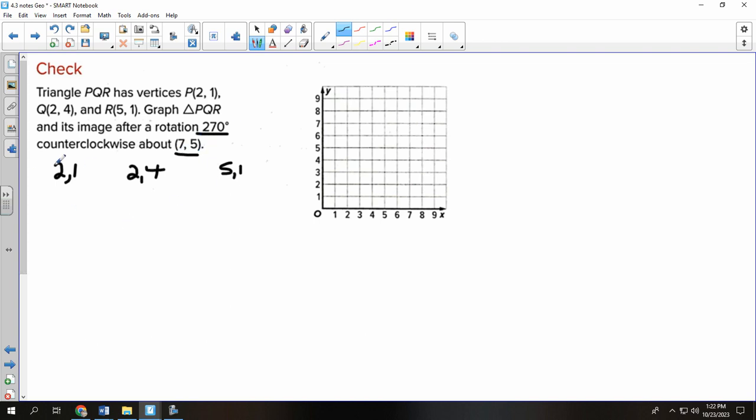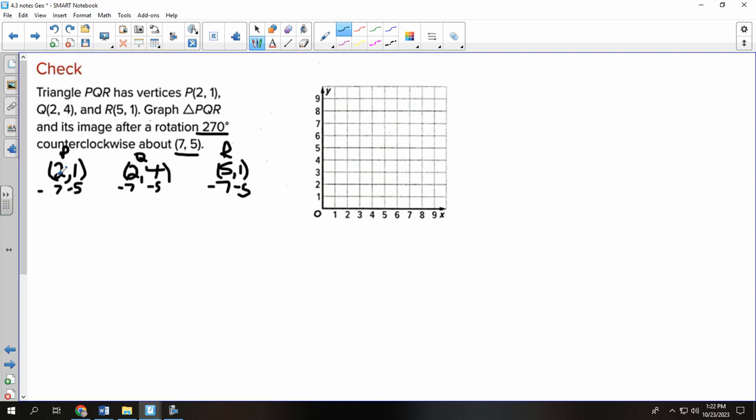So step number 1 is to subtract 7, subtract 5. We're going to move this to the origin. So we go -7, -5 to each of these points, P, Q, and R.